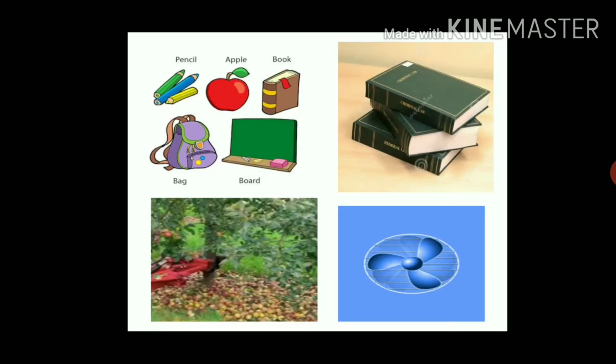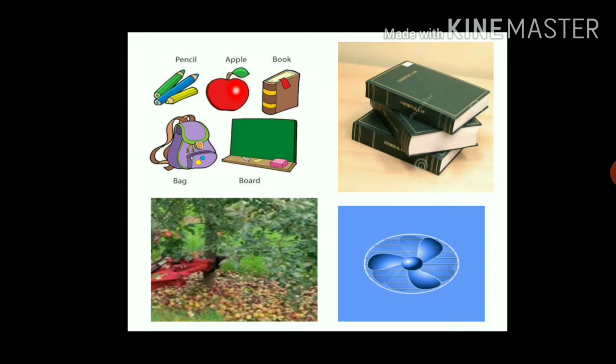Now let's see this slide. Here some static objects are given: pencil, apple, book, bag, board. All these objects are in a rest position.